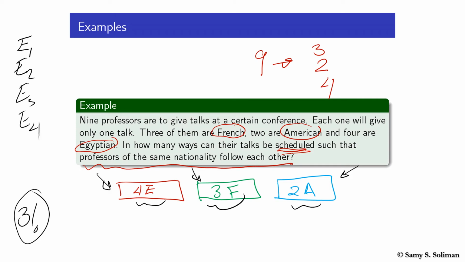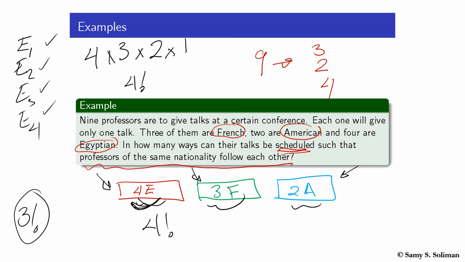Are we going to start with E1 or E2 or E3 or E4? So we have 4 possible ways, followed by one of the remaining 3 professors, then one of the remaining 2 professors, followed by the remaining professor, which is only 1. So we have 4 factorial ways to arrange the 4 Egyptian professors.